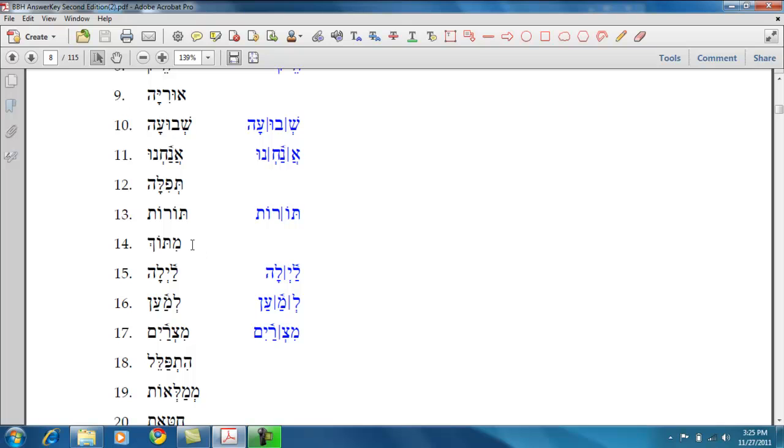All right, number 14 is mitok. What we would do here, we do have a dagesh forte. Now this is a dagesh in this tav here, and the question we'd ask is, is this a begadkefat letter? Yes, it is a begadkefat letter, so it could either be a lene or a forte. So we have to ask ourselves the next question: is it following a short vowel?